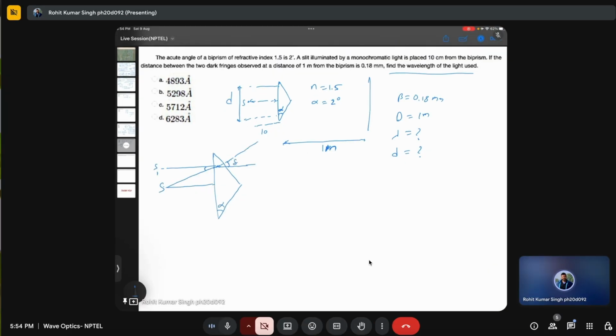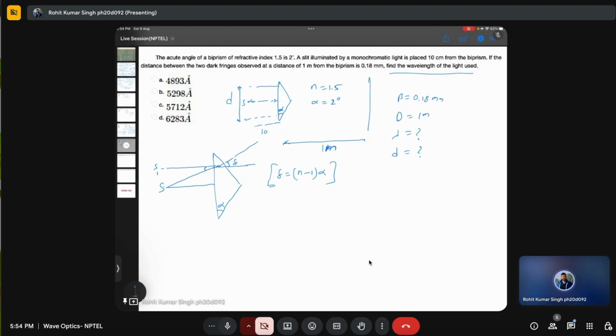So this is the angle delta through which the light rays get deflected, and I'm not going to derive it, it is a very standard concept, and this deviation is given by this formula. If you have studied about prisms, this is the angle of deviation.